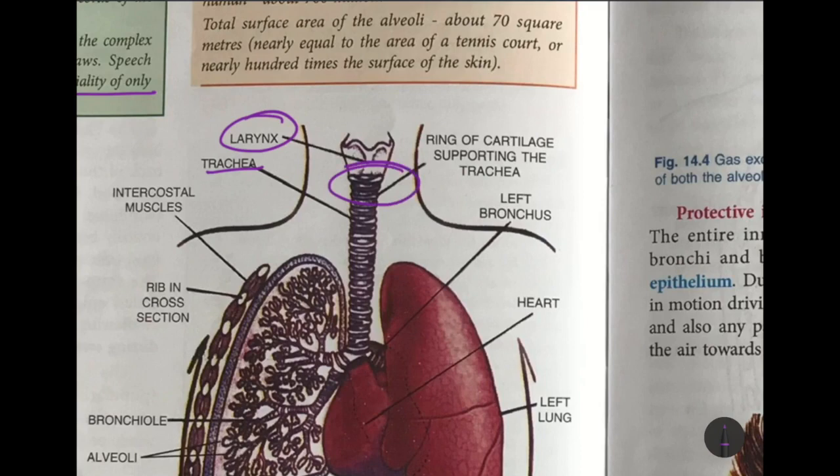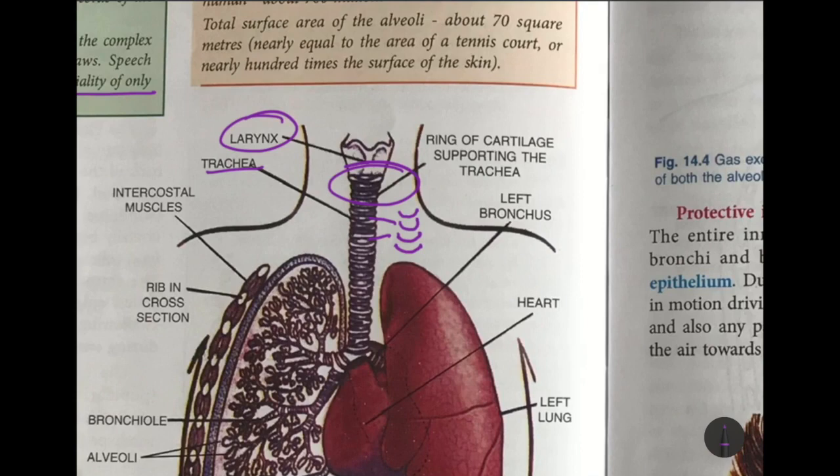The walls of the trachea are strengthened and kept stretched forever by C-shaped rings. You can see them here. They are C-shaped because the trachea is also made up of soft tissue, and it will remain collapsed otherwise. If it is not held in position by these C-shaped rings of cartilage, it will collapse like the food pipe.